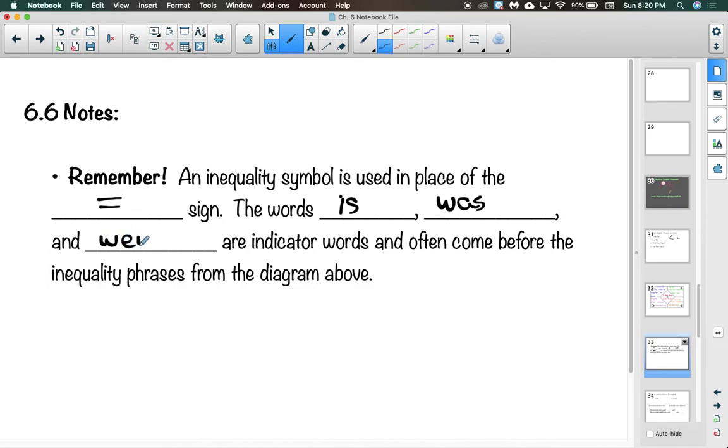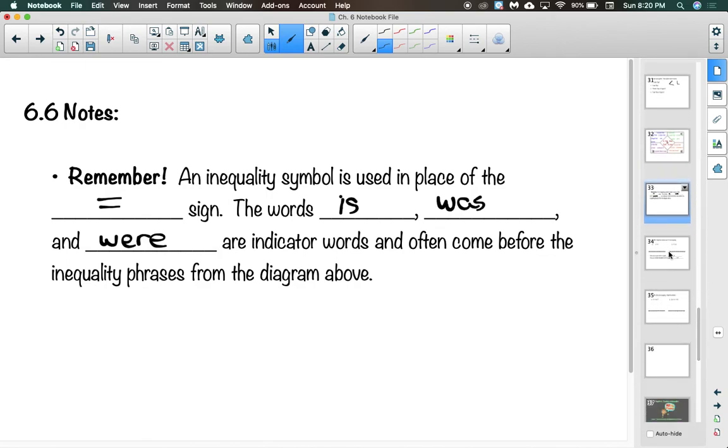They're indicating that we would have normally used the equal to sign, but if it's coming in front of those inequality phrases from the diagram in your notes, then it's telling us to actually use one of those inequality words. So is, was, were, be on the lookout for them. That would tell us where to use our equal sign, but instead of using an equal sign, if it's followed by those other words and phrases, then we are going to use those inequality phrase symbols in its place.